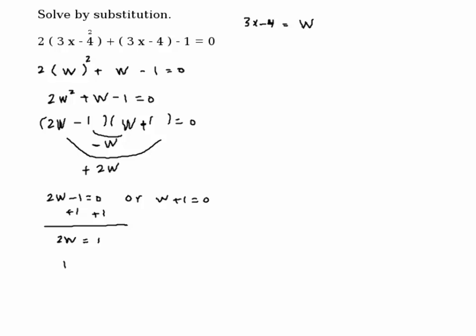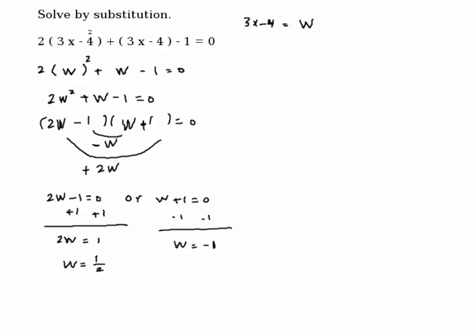So what would w be? Divide both sides by 2. I see some of you typing your answer already. Not negative 1/2, just positive 1/2, right? And then here, if I subtract 1 from both sides of the equation, I get w is equal to negative 1. So I get these two answers.